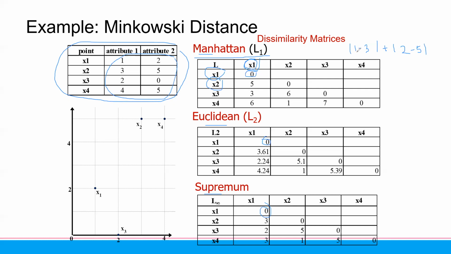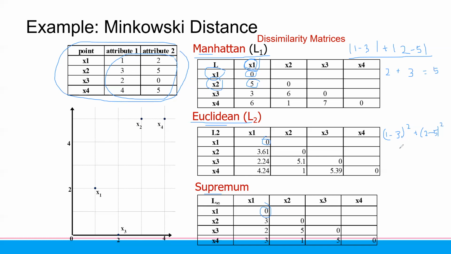What is the result? 1 minus 3 is minus 2, and because we have the absolute value, we have 2. Then 2 minus 5 is minus 3, and with the absolute value we have 3. So the result is 5. The distance between x2 and x1 is 5. What about the Euclidean distance? We have the same formula, but we put the square: 1 minus 3 squared plus 2 minus 5 squared.